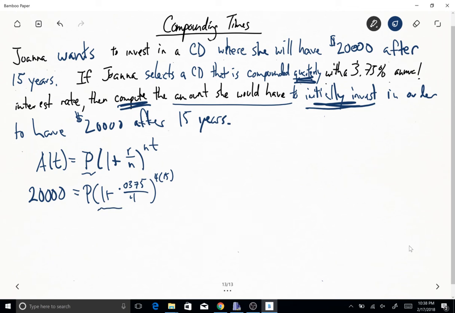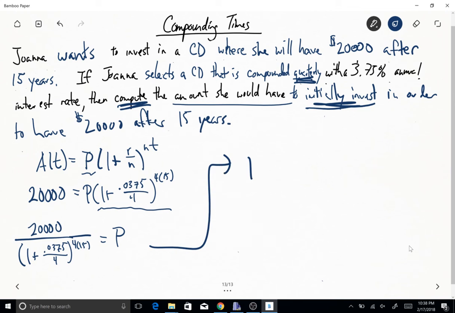But all of this junk is a number. Since it's a number, we can divide by that number. So you have 20,000 divided by that whole junk, 1 plus 0.0375 divided by 4, raised to the 4 times 15. That equals P. So I'll just move P to this side.